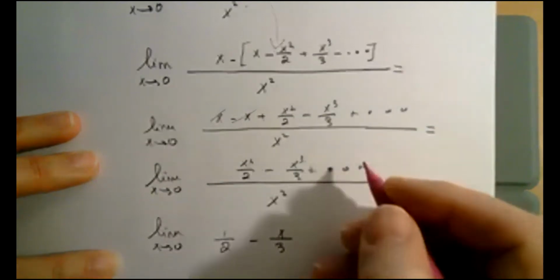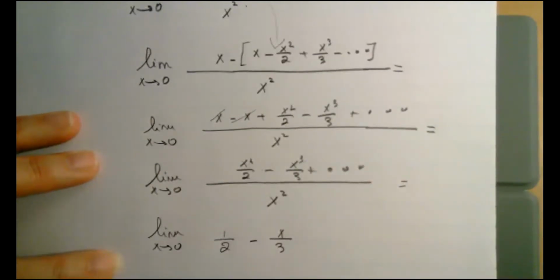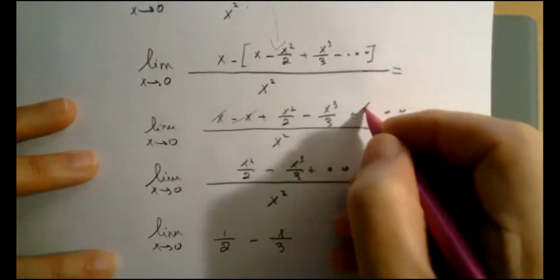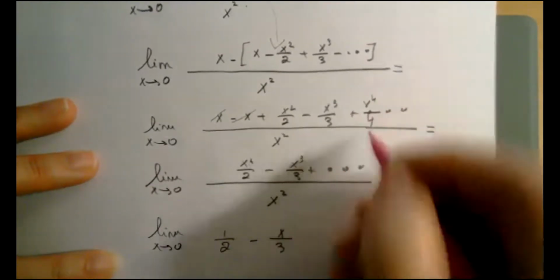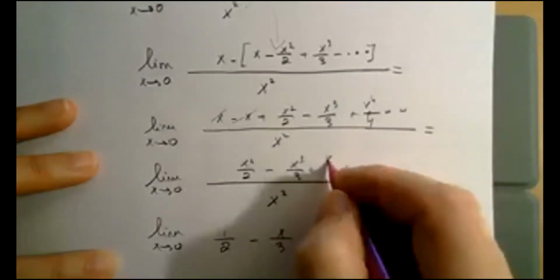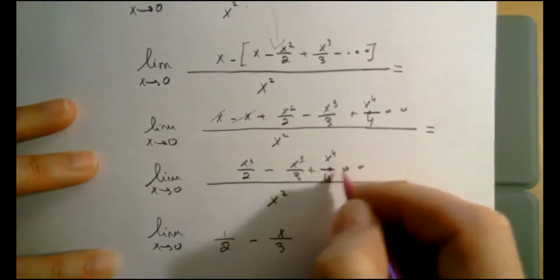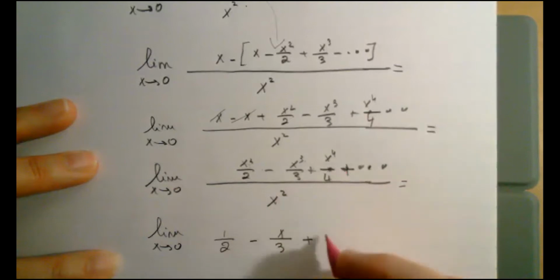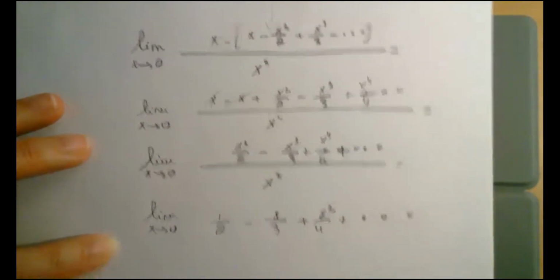And here I should have a term. Now, which term should I have here? If this is x cubed over 3, this will have to be x to the fourth over 4. So this is x to the fourth over 4 plus so on. If I keep going here, this will be x to the fourth over x squared, so x squared over 4, plus etc.